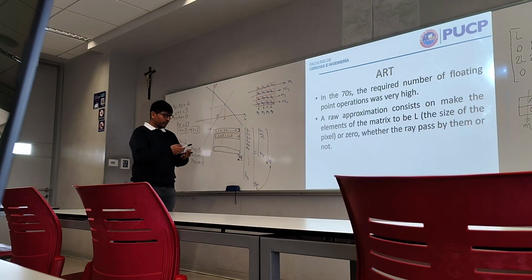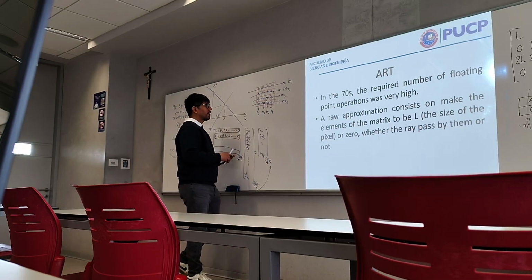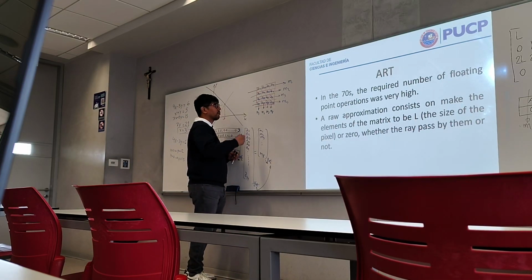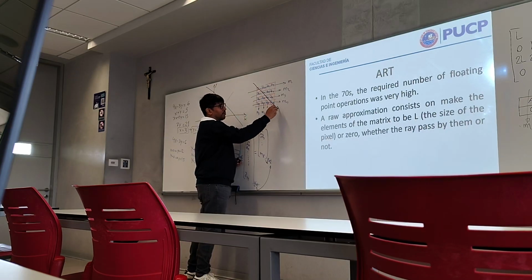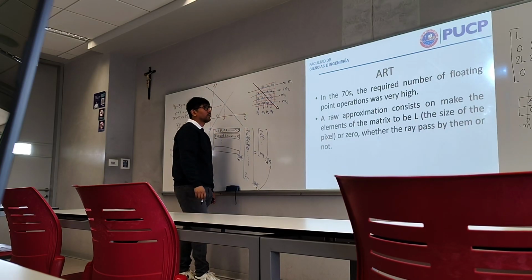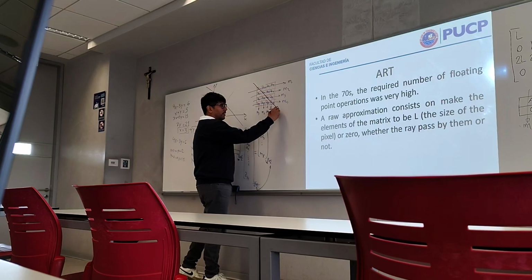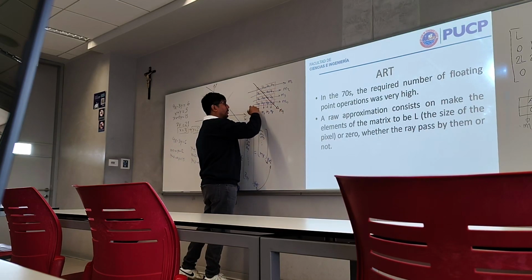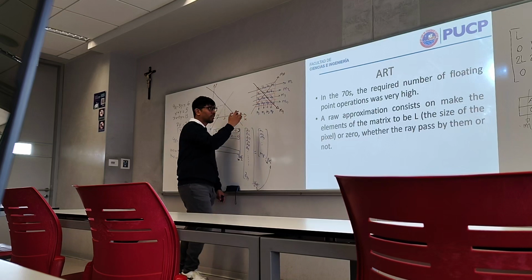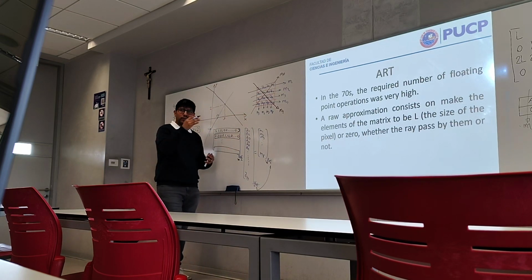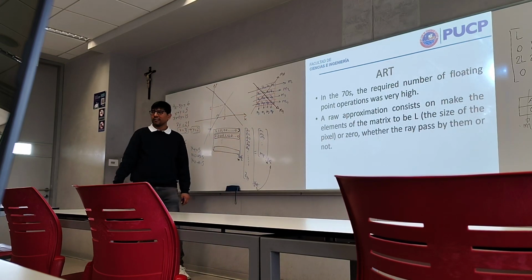Okay, and this slide is saying that maybe you can have another direction, right? So something like this. One ray in this direction. Let's call it M9 or M10. And you can have many directions, not only perpendicular, horizontal or vertical.